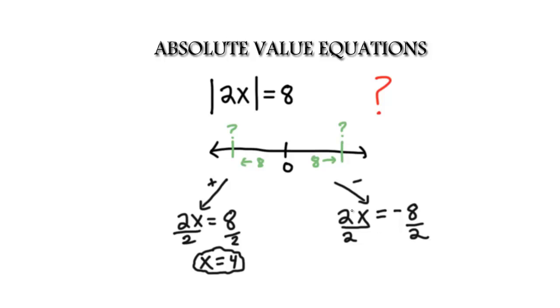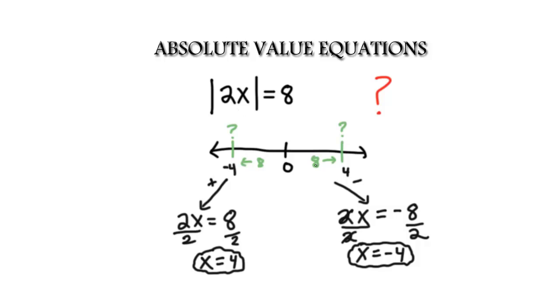And we know that the 2s cross out, so now we're just left with the x. And this time it's equal to negative 4. So going back to our number line, the location that we're looking for is at 4 and negative 4. That's where 2x is 8 units away from 0.